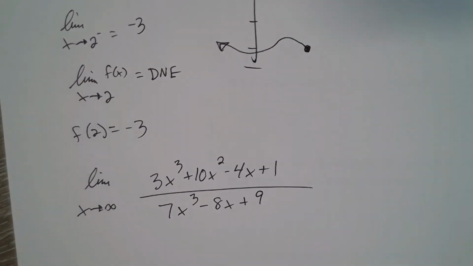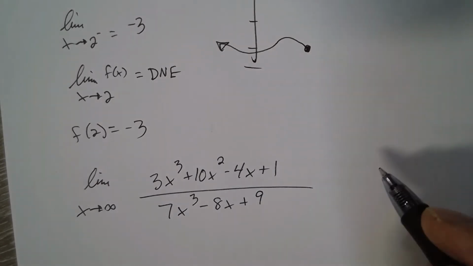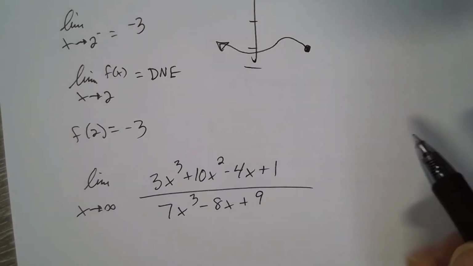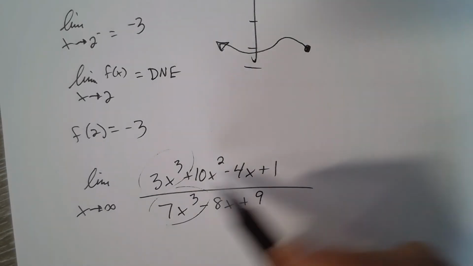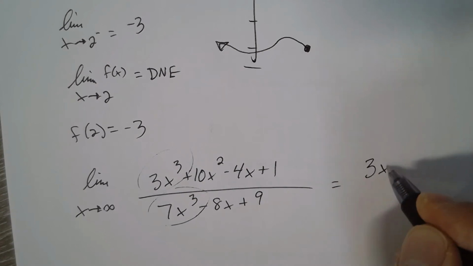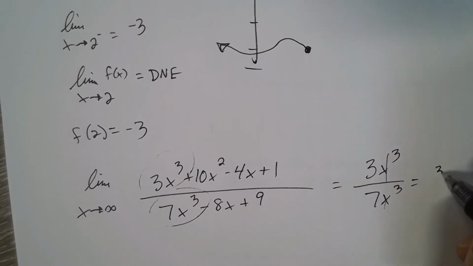Okay, so a couple ways of doing it. One way just would be to find what the end behavior model is. The end behavior model is the largest degree term on top over the largest degree term on the bottom. So 3x cubed over 7x cubed becomes 3/7.